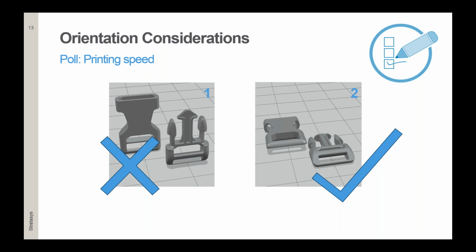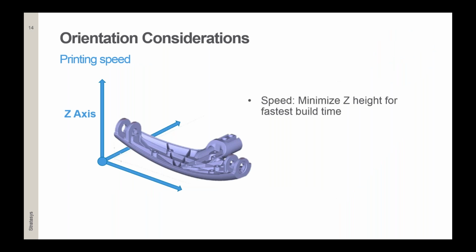But why is that? Because the printer head is moving faster parallel to the X and Y axis than the build platform, which has to wait for each layer to be finished and move one step down in Z direction, we will most likely have faster print time while orientating the model to keep the Z height minimal.